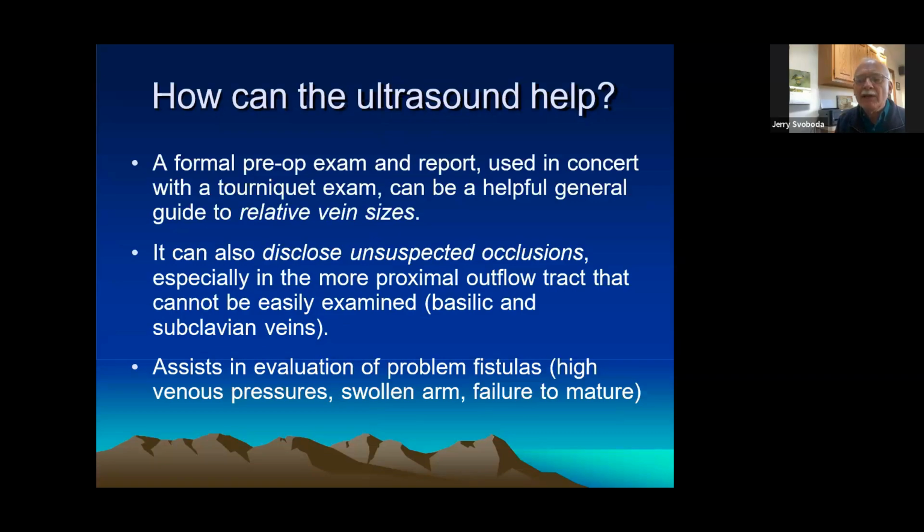Many patients have had many blood tests drawn, venipunctures from their antecubital veins, and they can sometimes fool even an experienced examiner where they're thrombosed, but they almost seem like they're a usable vein. So for detecting a venous occlusion or an occlusion of the subclavian veins, a formal ultrasound is ideal.